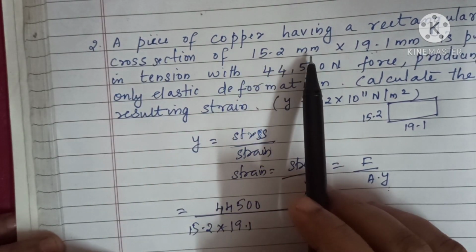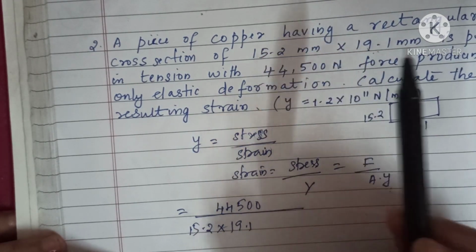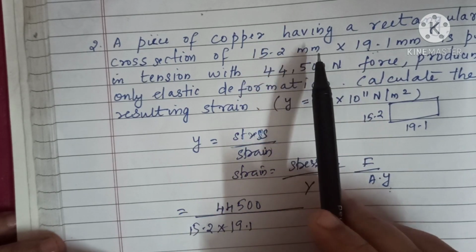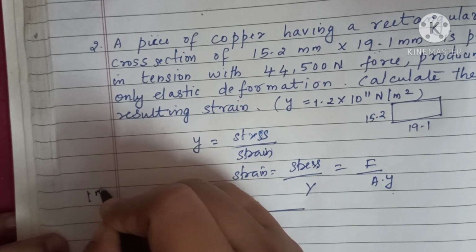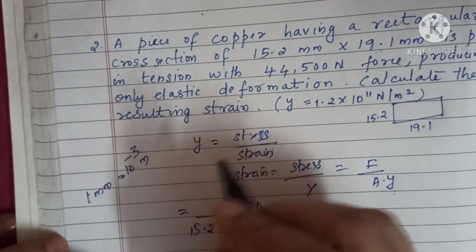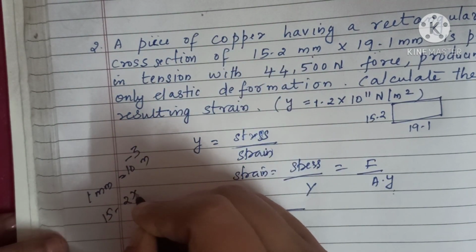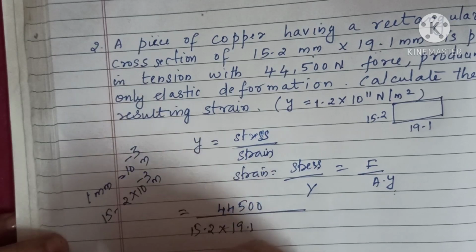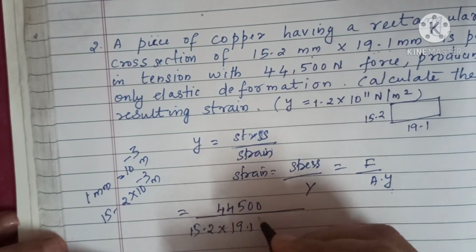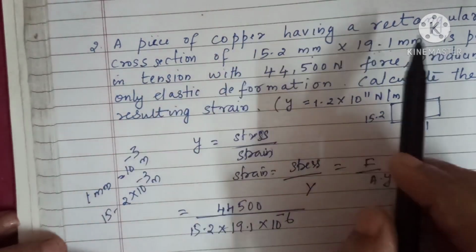Here you have to take into consideration that it is given in millimeters, so you have to convert it into meters. 1 millimeter is equal to 10 power minus 3 meters. So 15.2 millimeter means 15.2 into 10 power minus 3 meters. Similarly 19.1 into 10 power minus 3 meters. So here it will become 10 power minus 6. Clear?